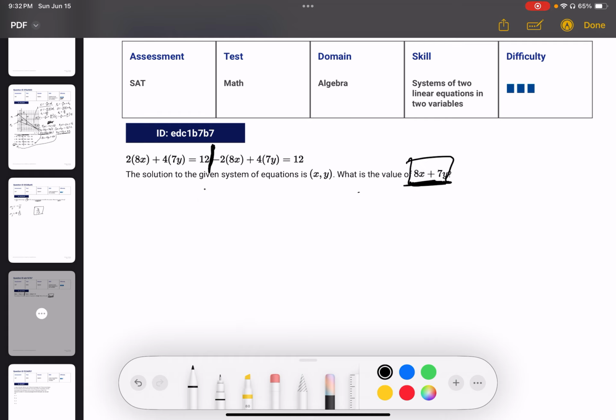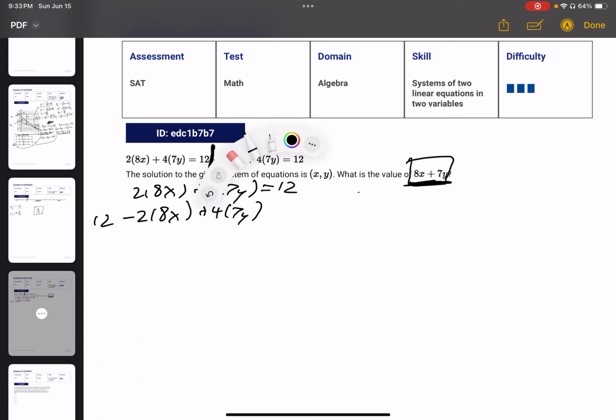So we're going to start with simplifying this. So always set it up like top to bottom. So we're going to put these on top of each other. And then we have 12 minus 2 times 8x plus 4 times 7y. Oh, did that wrong again. Sorry, ignore that.